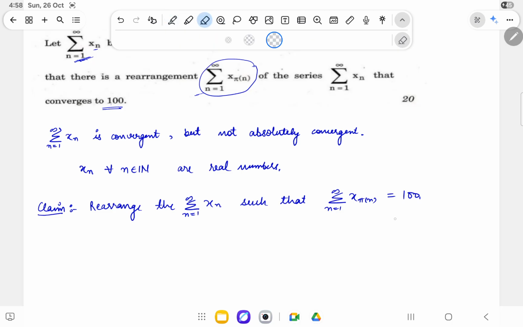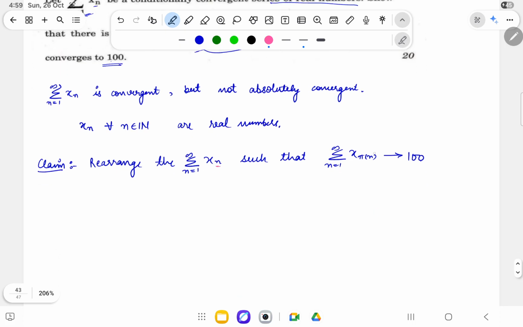Basically it converges to 100. This pi has nothing to do with irrational numbers or anything. It's just a notation to differentiate it from the original series that we have. So we are supposed to show that the rearrangement that we do should converge to 100.